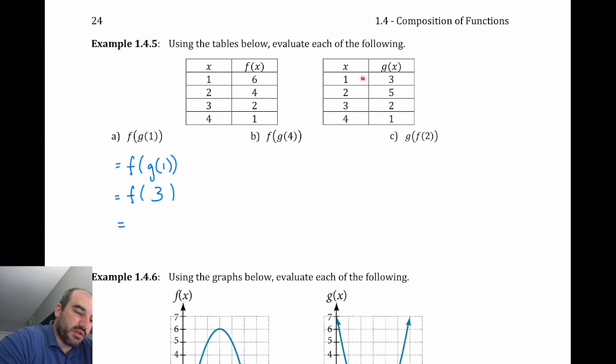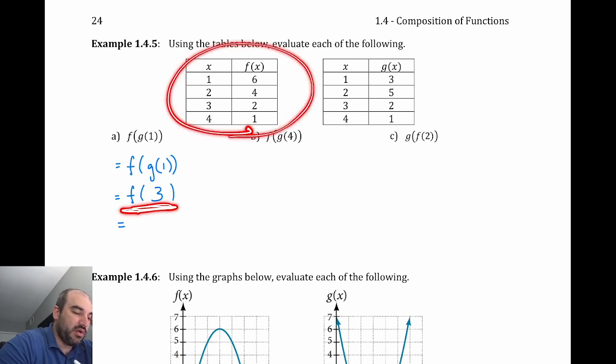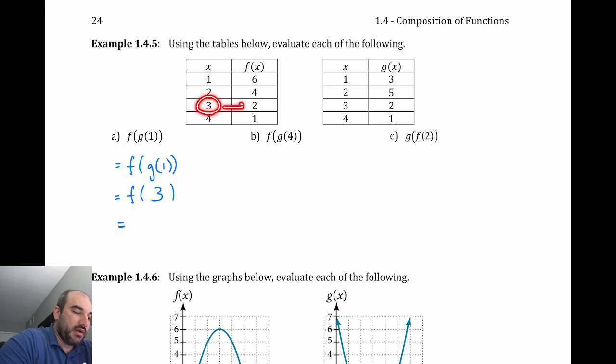So the table tells you each x value and its corresponding g of x value, and then each x value with its corresponding f of x value, right? Once I replace that g of 1 with a 3, now we want to evaluate f of 3. Using the f of x table, if my x is 3, then my f of x will be 2.